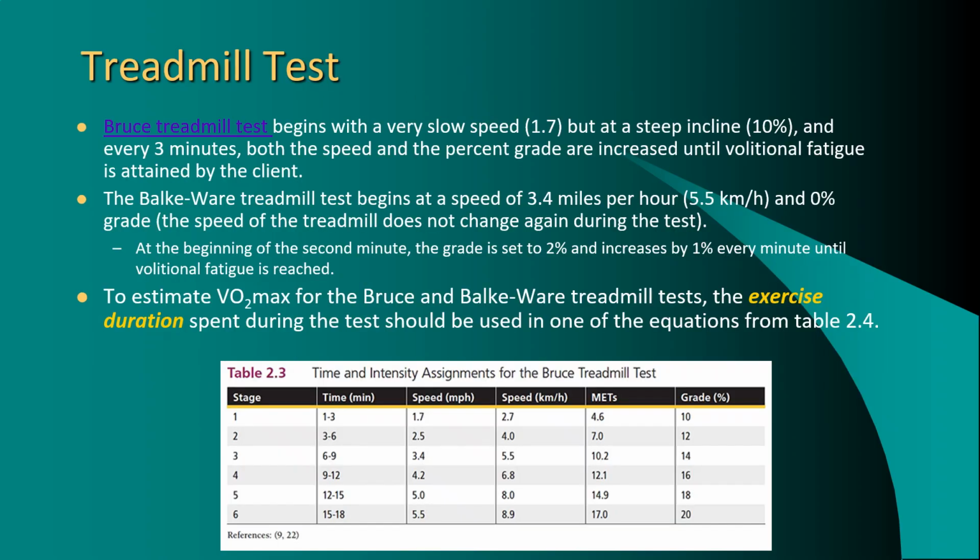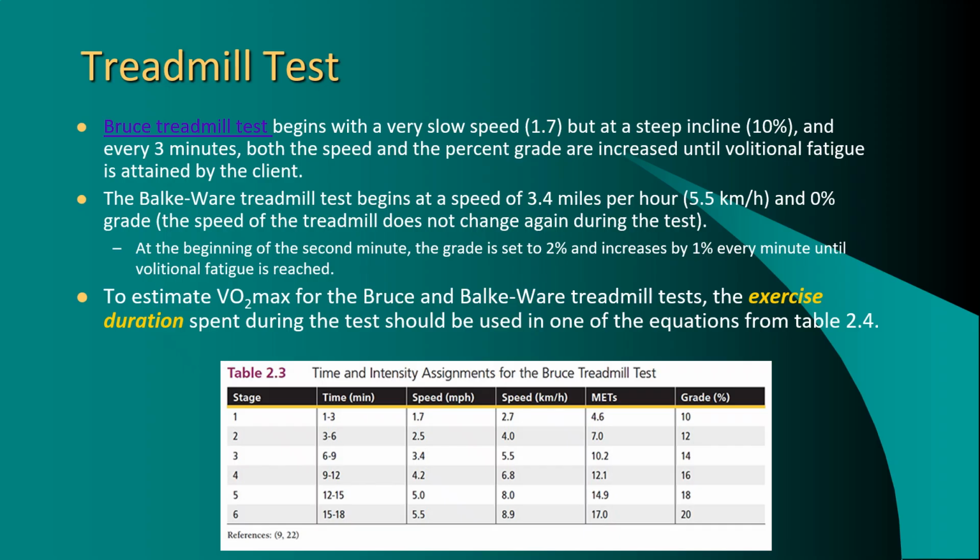For the treadmill test, if you click on the Bruce treadmill test here, it would actually show you a video of how the test goes. It does begin at a very slow speed, but it's already very steep. It starts at 10% grade. So most individuals that are older adults that may be deconditioned, that perhaps have neuropathy, which is one of the side effects of diabetes, or peripheral artery disease, where they get leg pain, are not going to be able to even start stage 1 because it would be too difficult for them.